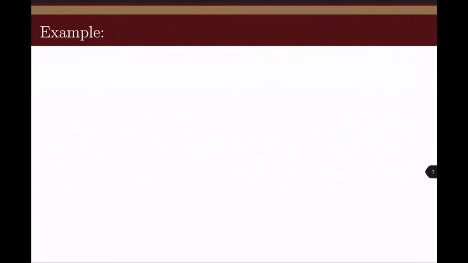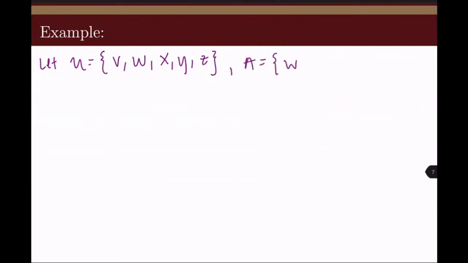Let's do some more examples. Let U, our universal set, be V, W, X, Y, and Z. And let A equal W, Y, and Z. And we'll find A complement.